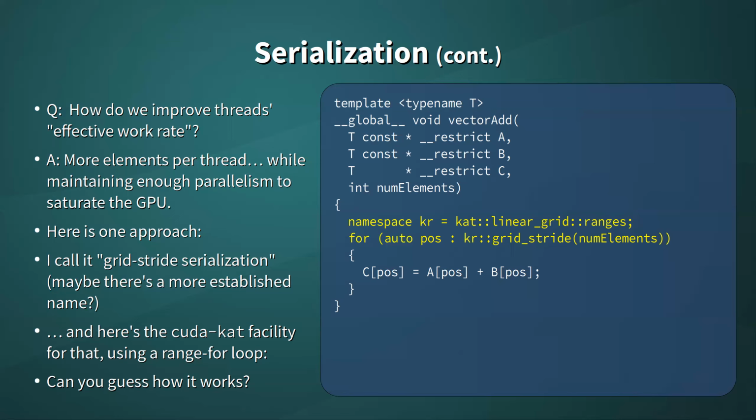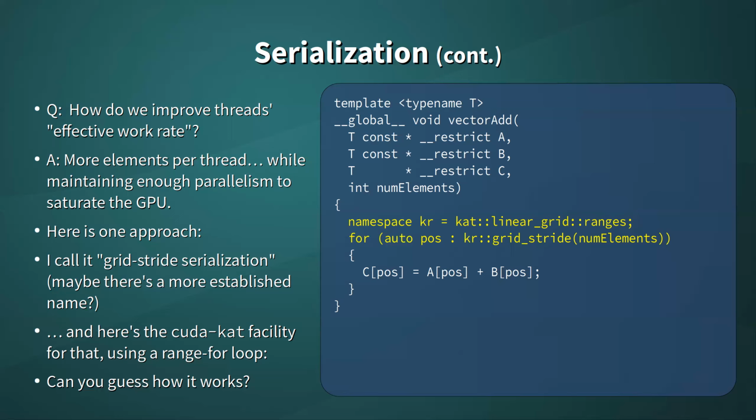Okay, so whether you've managed to guess or whether you haven't, the solution that's hiding behind this grid stride construct is a range of integers, which has nothing to do with CUDA. It could actually be a concept in itself.